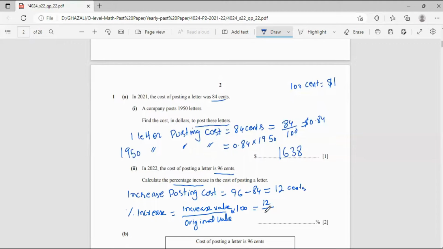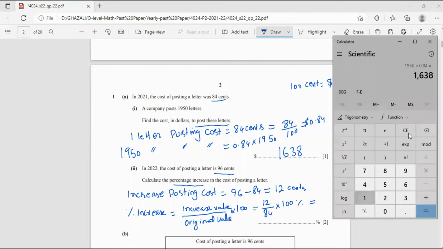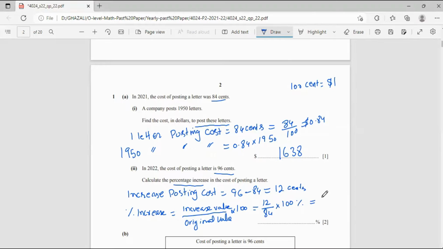Original value was 84, and we multiply by 100 to get the percentage value. Now we calculate it: 12 multiplied by 100 divided by 84. Now the answer is 14.28.